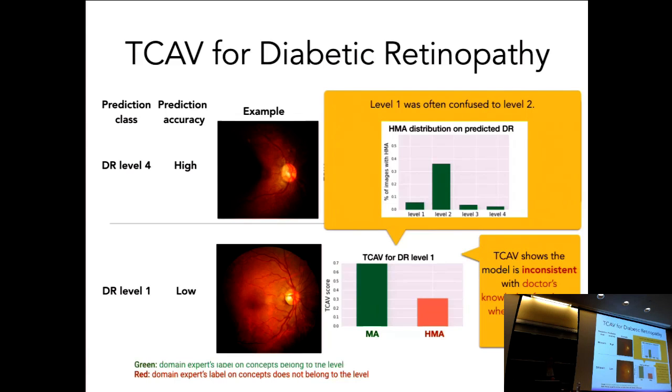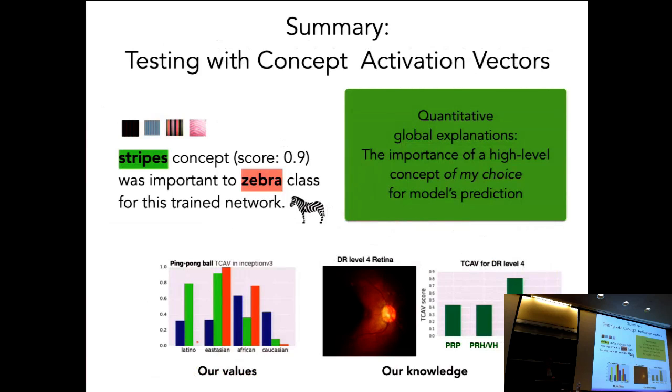So that was fun. All right, to recap, we talked about this method called TCAV, a quantitative global explanation using high-level concepts of your choice, given positive and negative examples of your concepts.